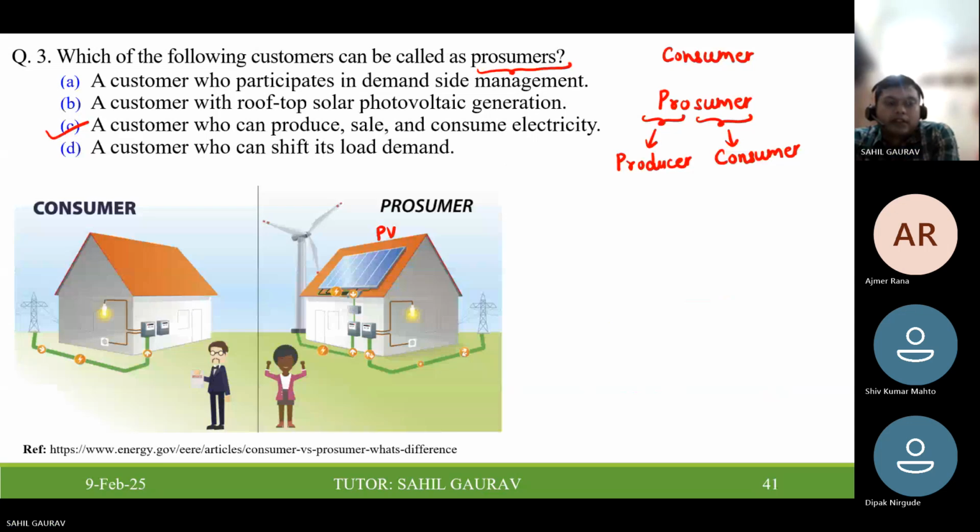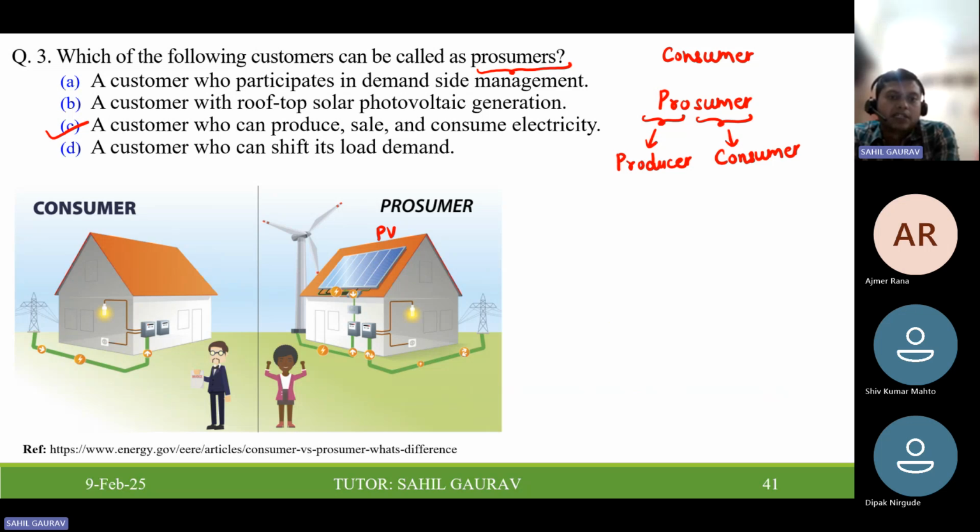So earlier, we didn't have these renewable energy sources, but due to the invention of power converters, nowadays we are installing solar photovoltaic in our households.